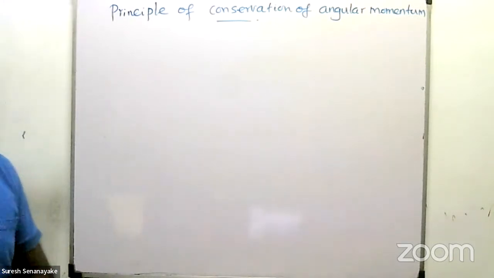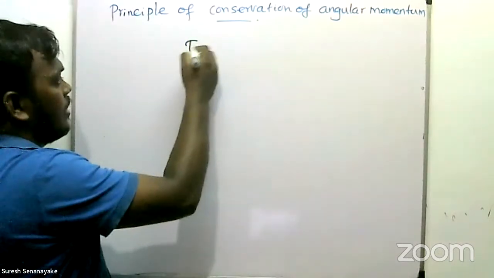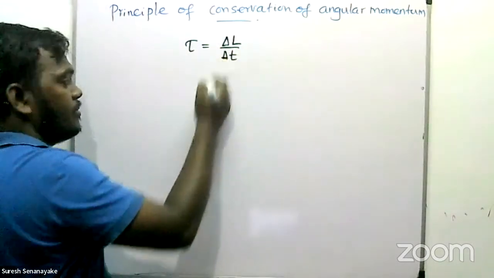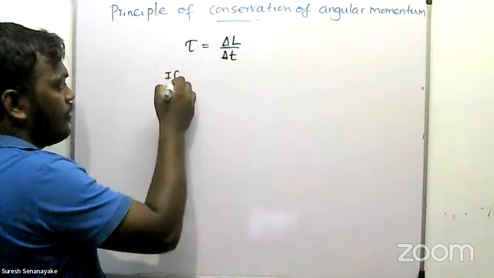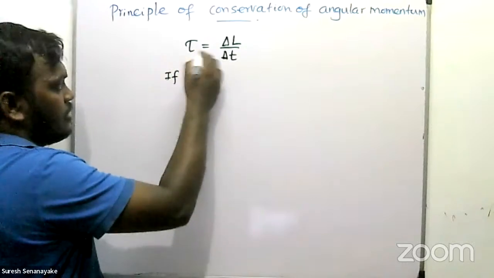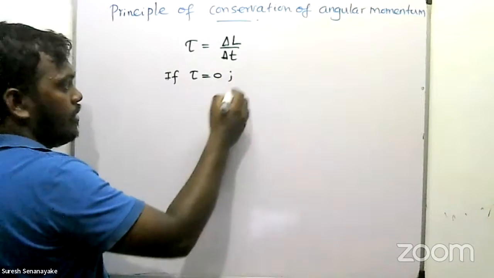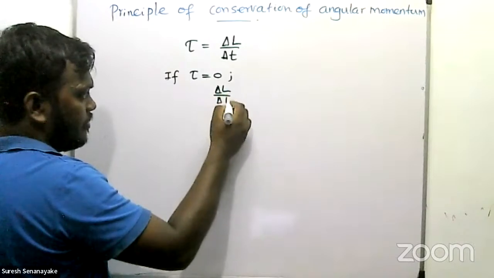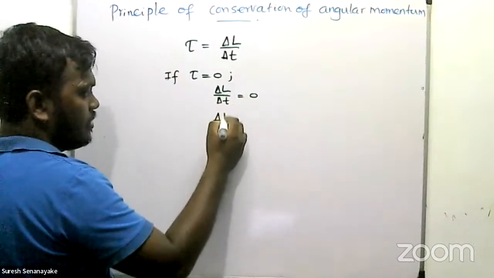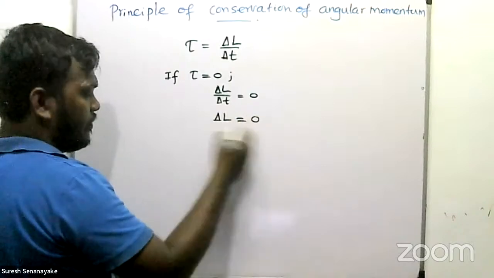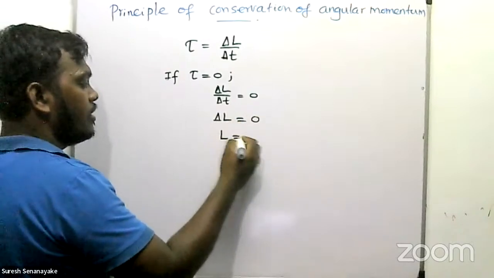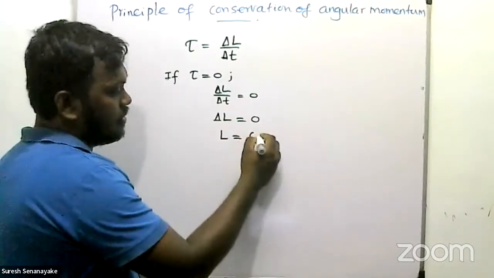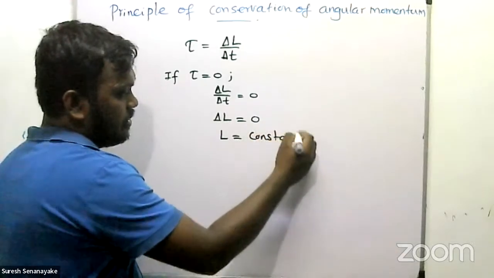We know that the external torque applied on the body equals the rate of change of angular momentum. If the external torque equals 0, then the rate of change of momentum is 0, so the change in momentum is 0, which means the angular momentum is constant.